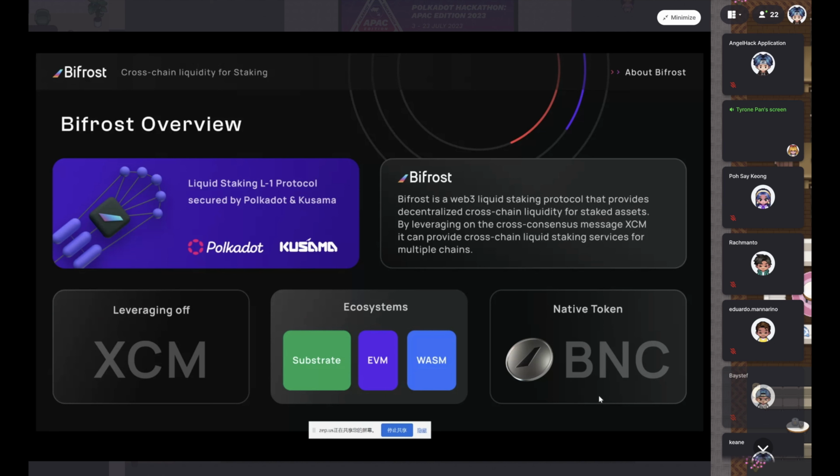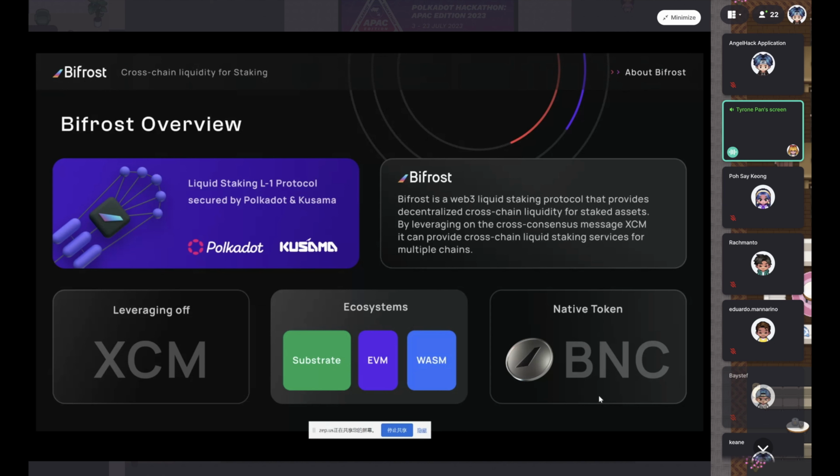So we are leveraging XCM. Right now it is XCM v3. We are using XCM v3 to transfer messages between different parachains, and we receive messages from other parachains, of course. And in the ecosystem, we are supporting Substrate, EVM and WASM.